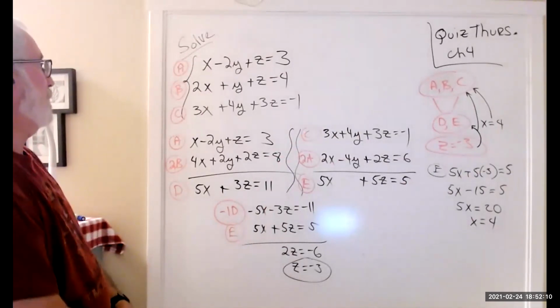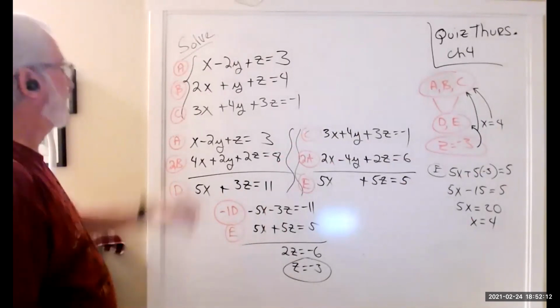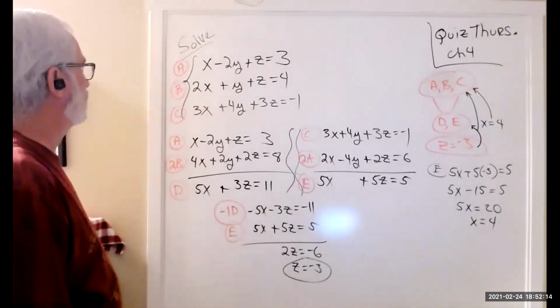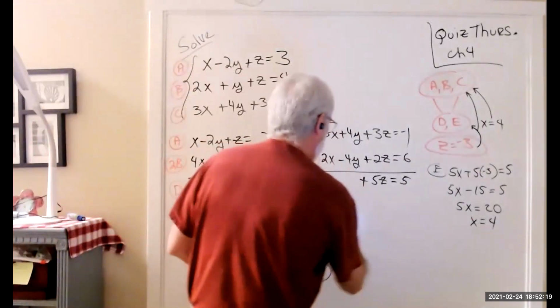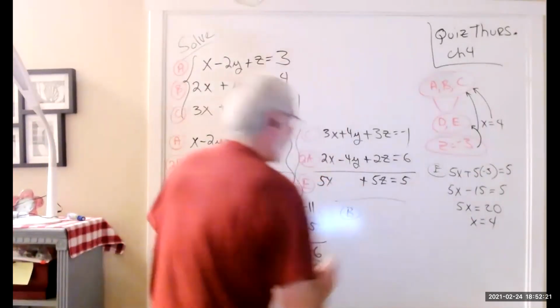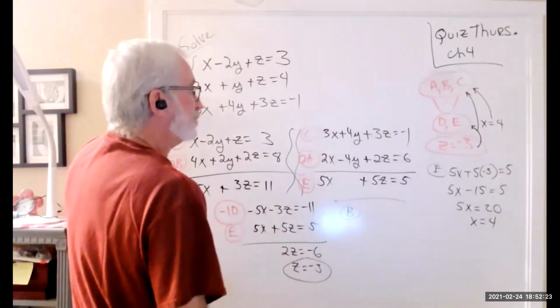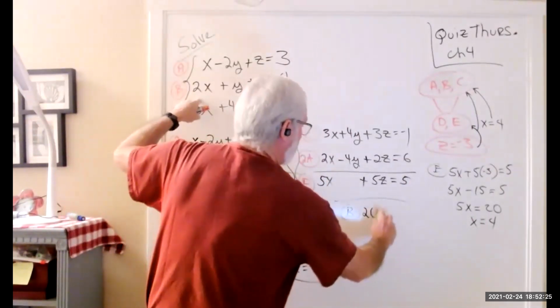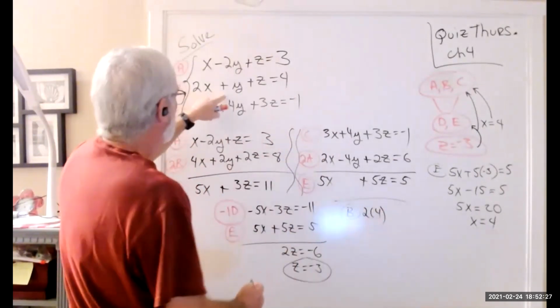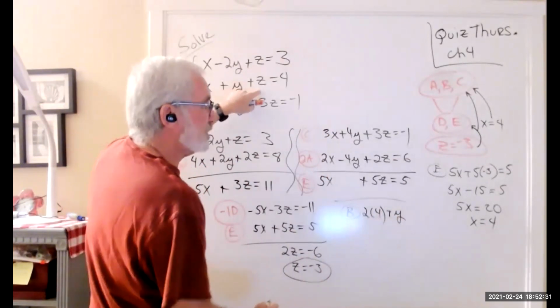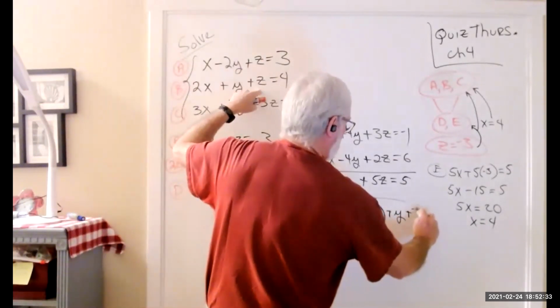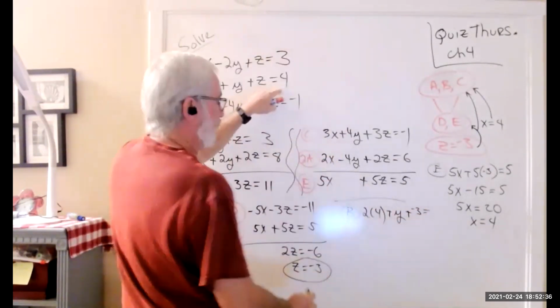B. B? Okay. Yeah, because they're all positive. I like that. Don't have to screw around with negatives. So if I go into equation B, B says 2 times x, so that's 2 times 4 plus y, which I don't know yet, plus z, which is -3, is supposed to equal 4.